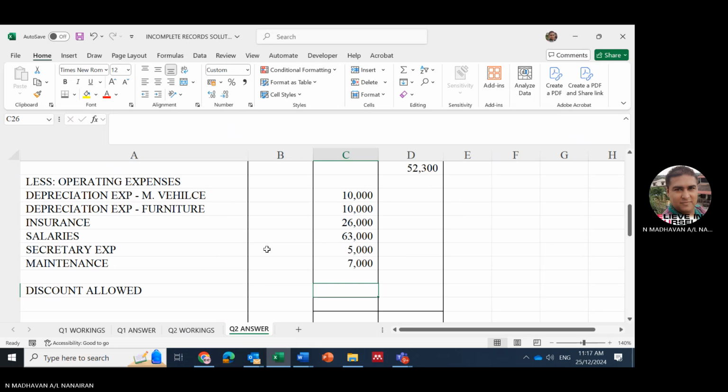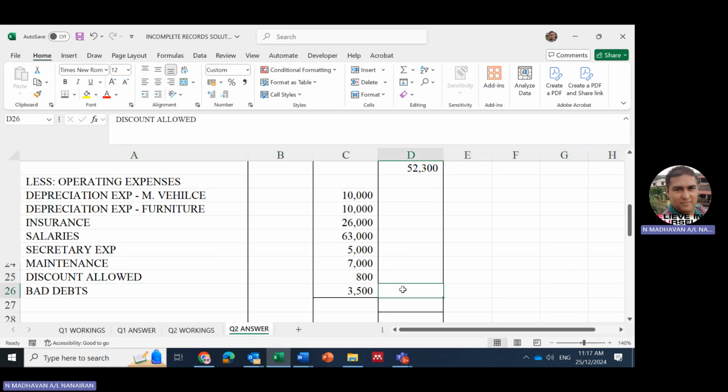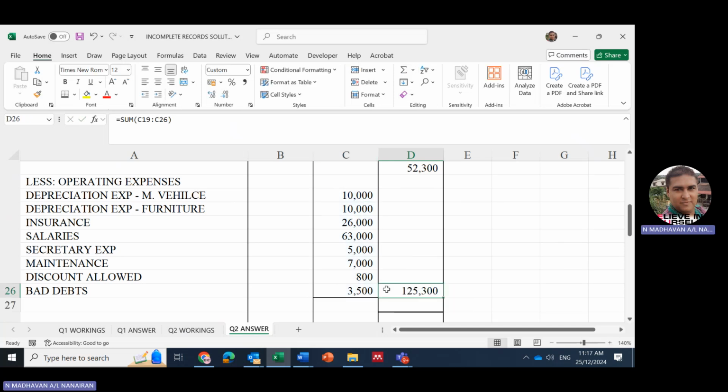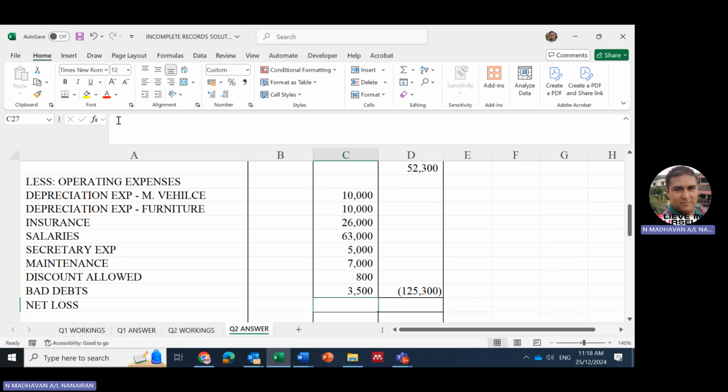How much? And you have bad debts. How much? 3,500. So total expenses. So profit or loss? Net loss of.